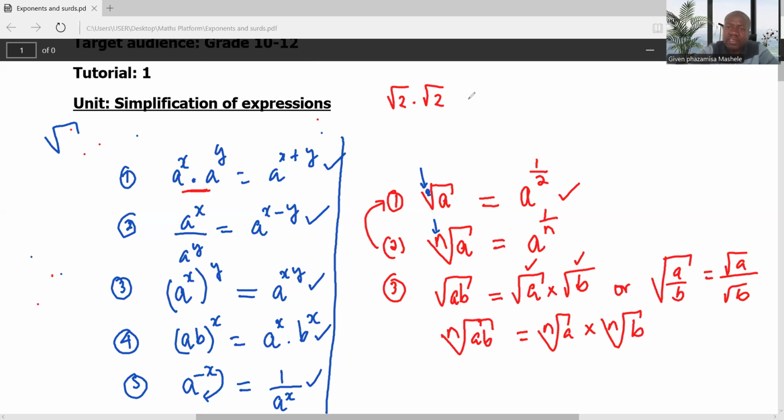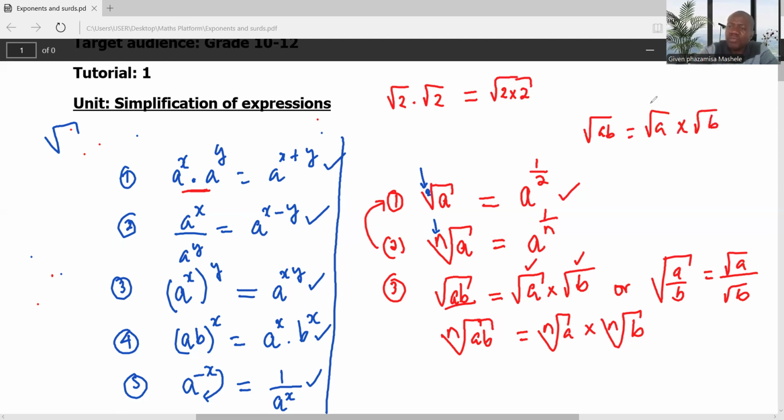We can do it like this. The square root of 2 multiplied by the square root of 2 is the same as the square root of 2 times 2. Why? Because we know that the square root of a times b is the same as the square root of a alone multiplied by the square root of b alone.